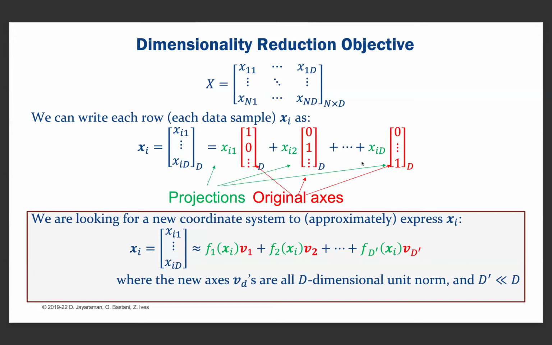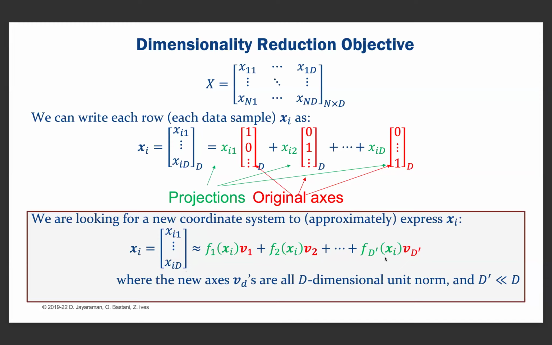And now the dimensionality reduction problem looks like this. Can we take this input vector and project it on some other set of coordinates, such that we can describe it with a smaller number of orthogonal axes?